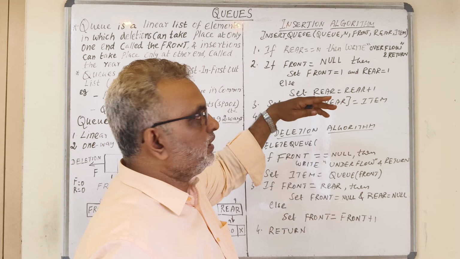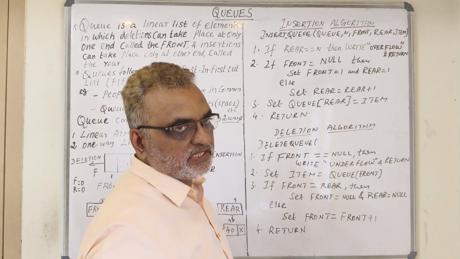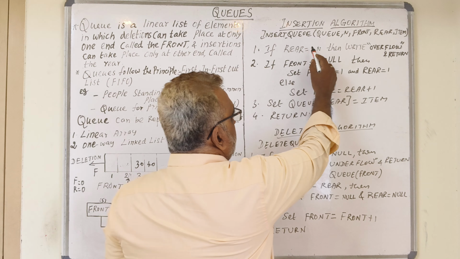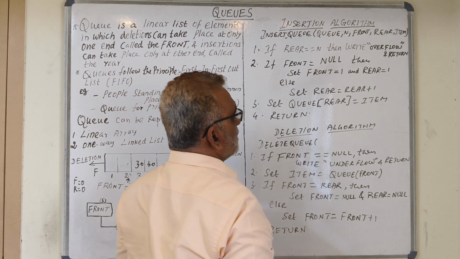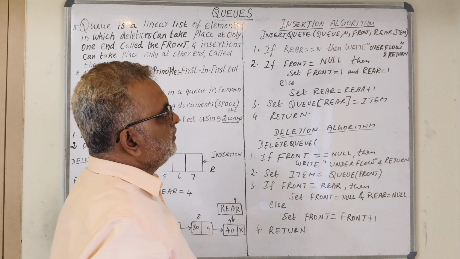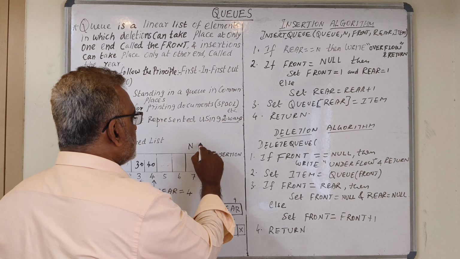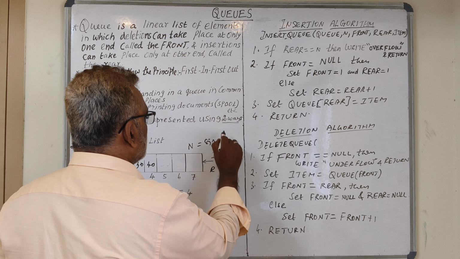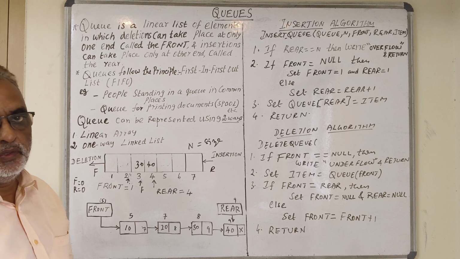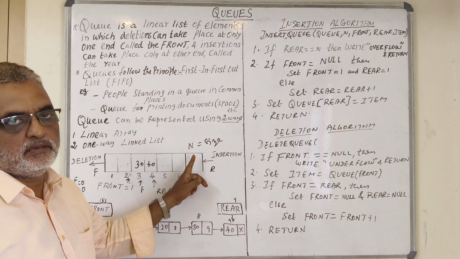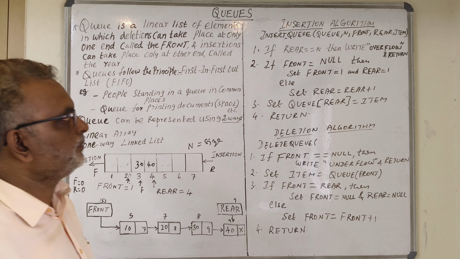So let us see the algorithm for insertion. Insert Q: the variables we are going to use in this algorithm are Q, N, front, rear, and item, where N represents the maximum number of elements we can store, that is, the size of Q. Once the rear value reaches N, we cannot add any more elements.